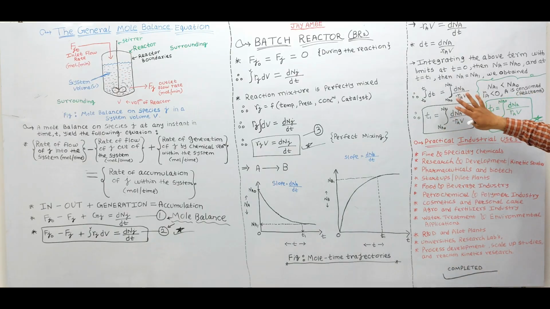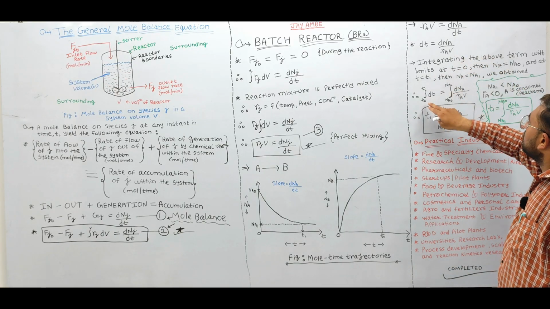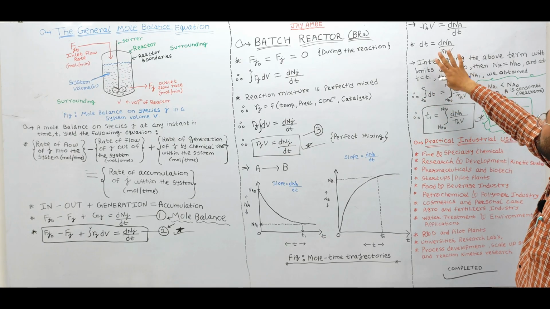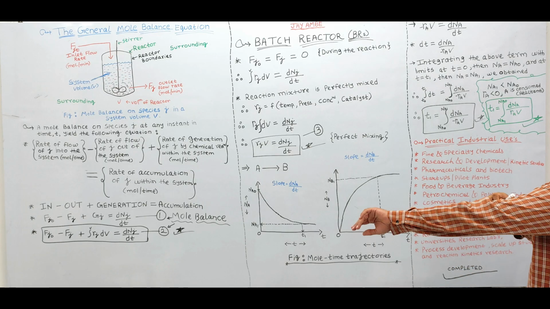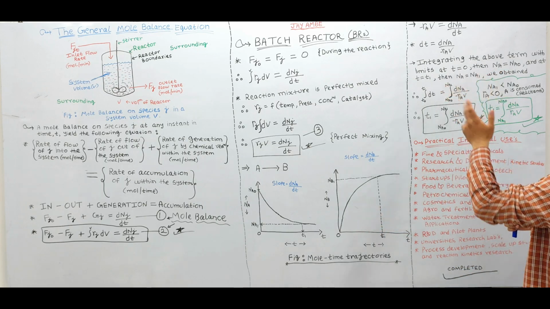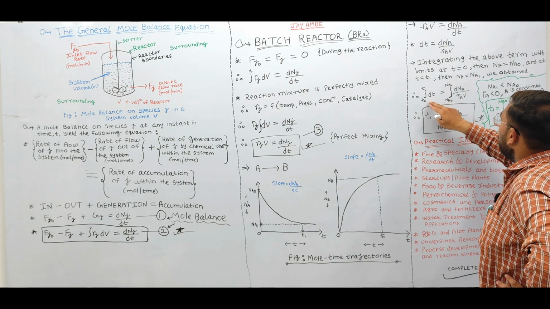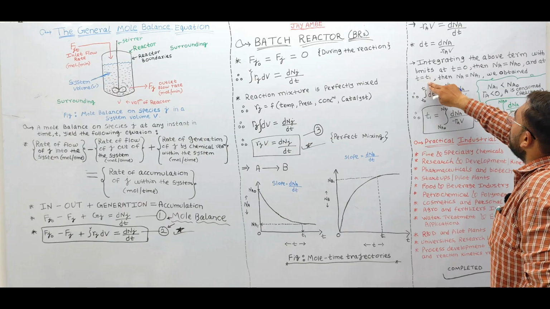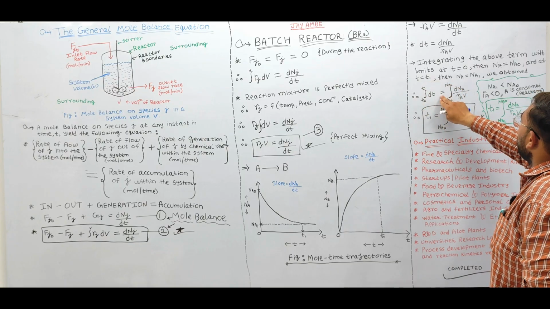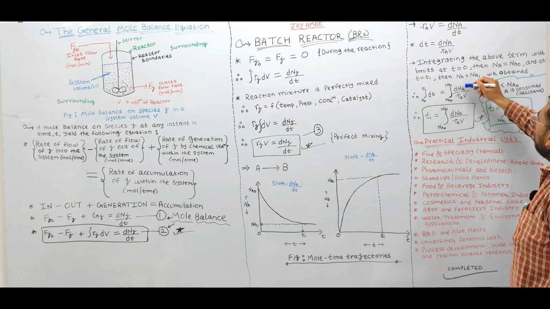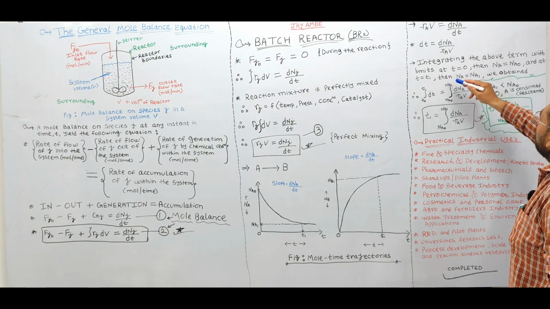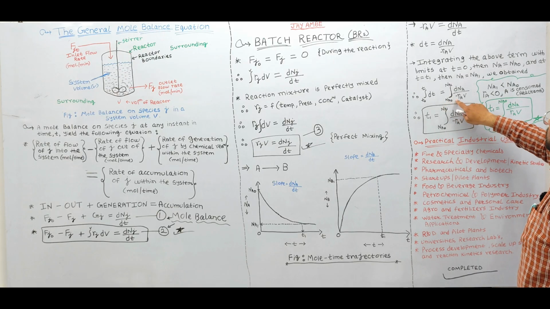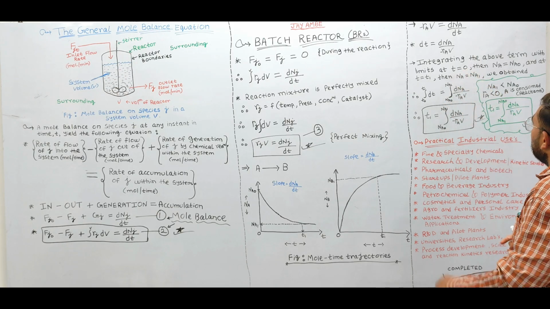So by applying these limits, we integrate both sides of the equation. So the integration of dt from the initial time to the final time, t0 to t1, will be equal to the integration of dNa by minus Ra into V from the initial moles Na0 to the final moles Na1.